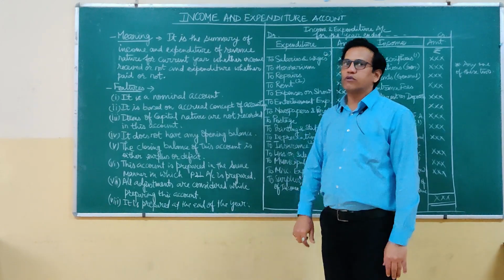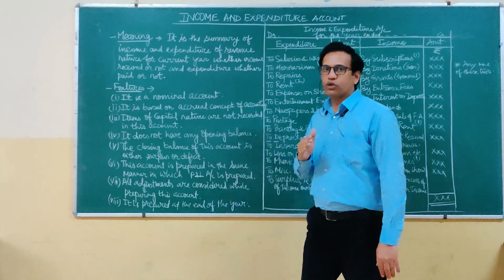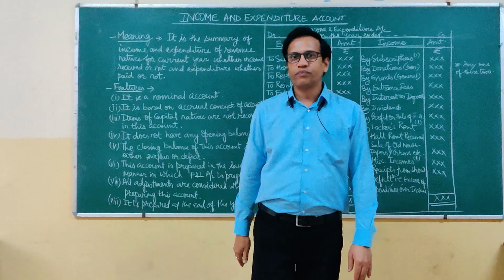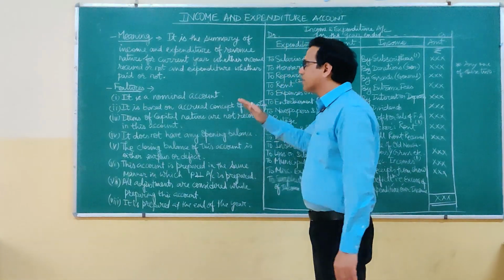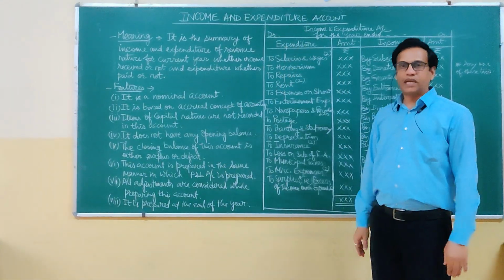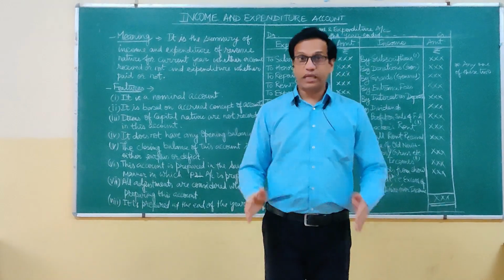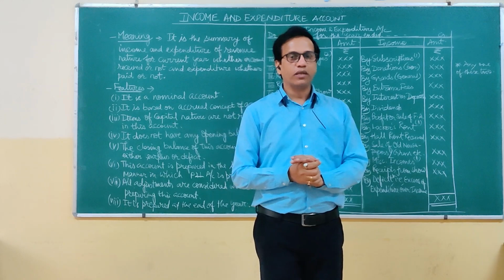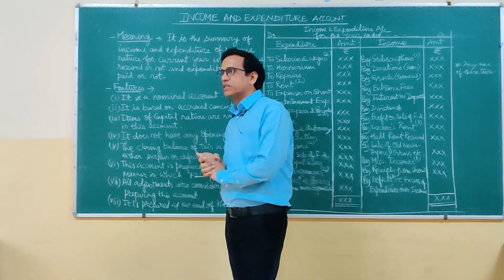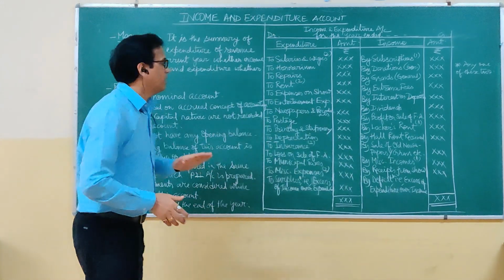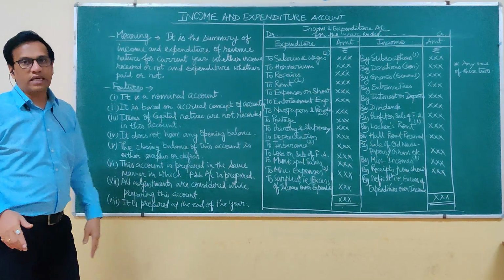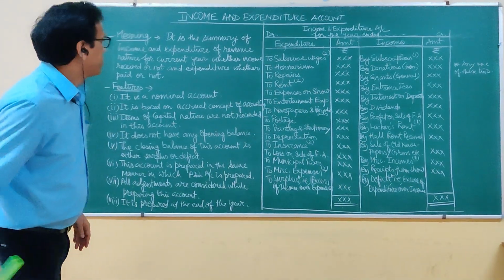So let's discuss some of its features. On the basis of the description I gave you regarding its meaning, some of the features we can bring about are: number one, it is a nominal account. So the nature of this account is nominal. When we speak about personal, real and nominal nature, we put it into the category nominal.